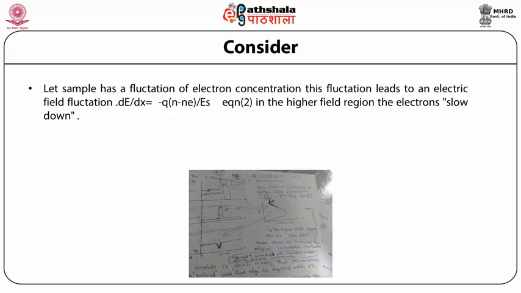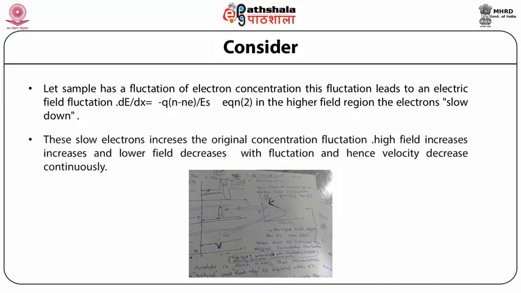In the higher field region, the electrons slow down, and these slow electrons increase the original concentration fluctuation. So we get a higher field and a low field region with fluctuation, and hence velocity decreases continuously.